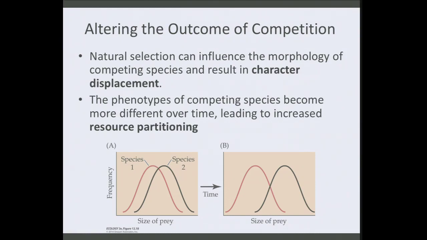And there's less and less overlap and less competition. Now, competition harms both of them, so it shouldn't be surprising that competing individuals are worse off in terms of reproductive success than individuals that do not compete.